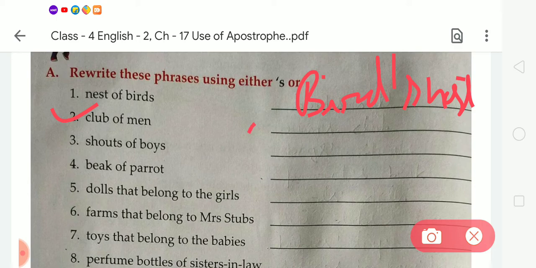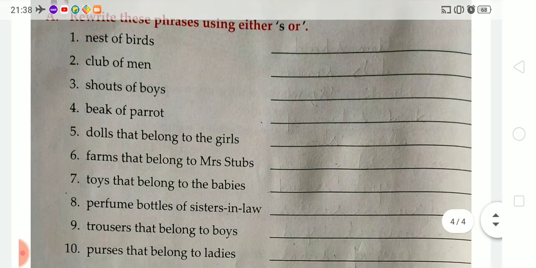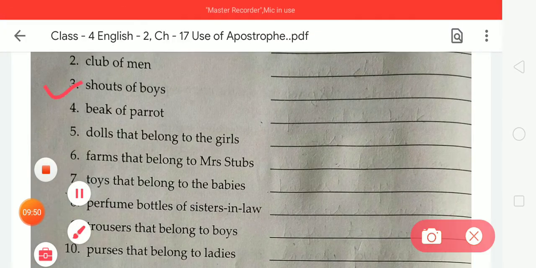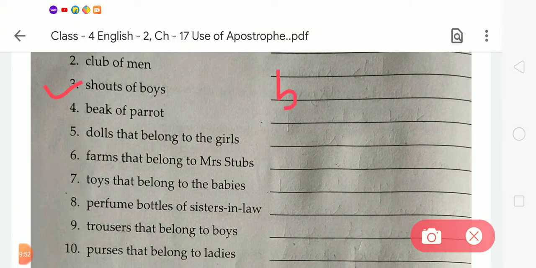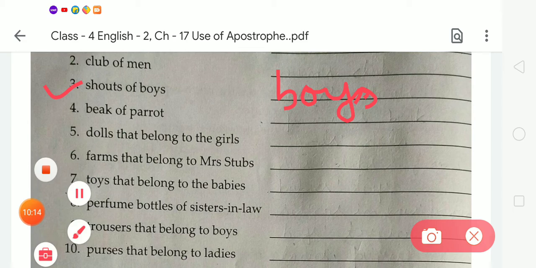Okay, in number 2, club of men. So we have to write men's club. Okay, in the next, number 3, shouts of boys. So we have to write, it is a plural. So in the plural form, we don't use another s. We only have to use the sign of apostrophe, because we have learned that when the word ends with s, in that place we don't use another s.